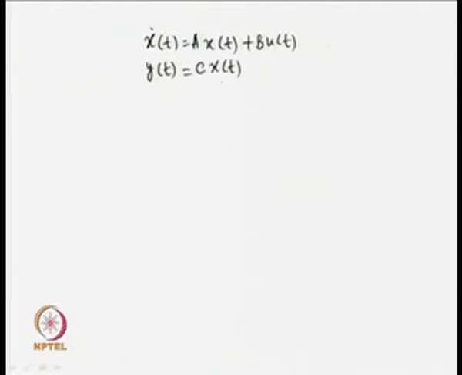Now, we get a dynamic equation of the form x dot t equal to A x t plus B u t for a system, and the output equation of the system is given as y t equal to C x t.